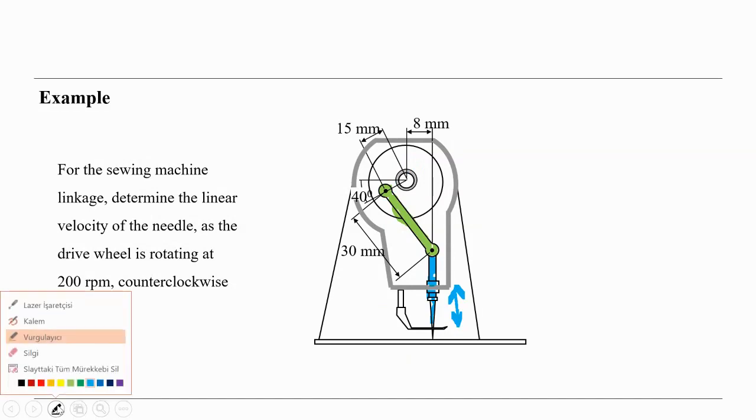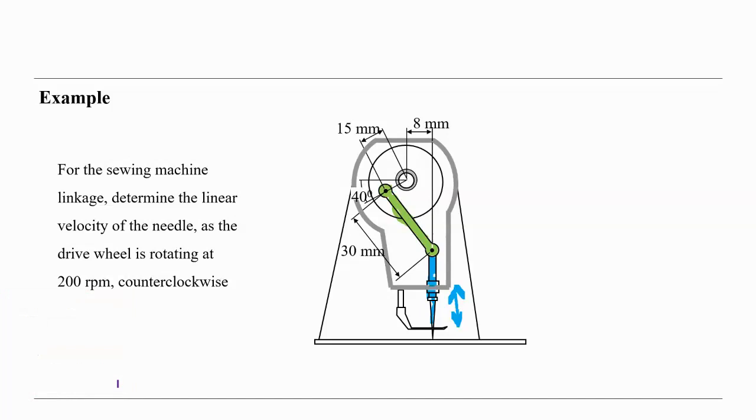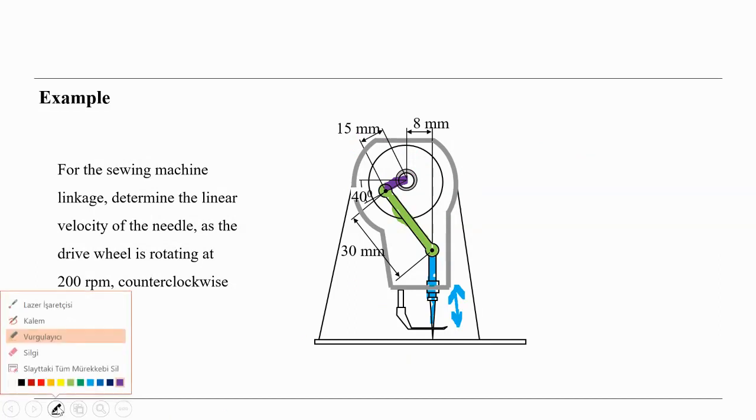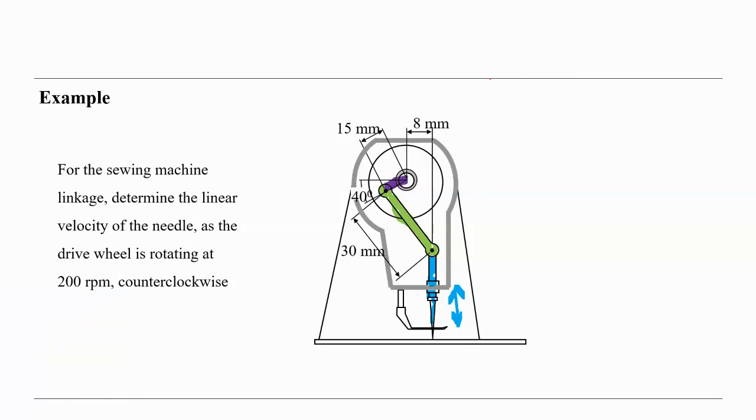And the eccentricity here is shown in millimeters. Let's use this color here. This is the eccentricity. This is the length of the crank, 15 millimeter. That means this is a slider crank mechanism, an offset slider crank mechanism. So we can show it like this here.